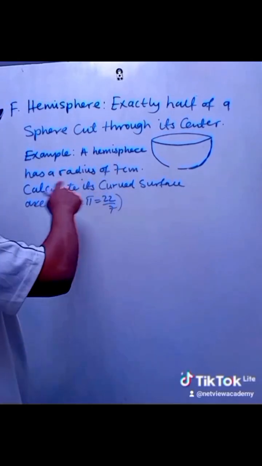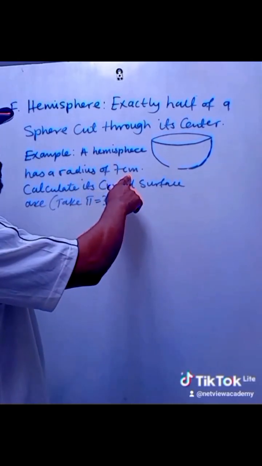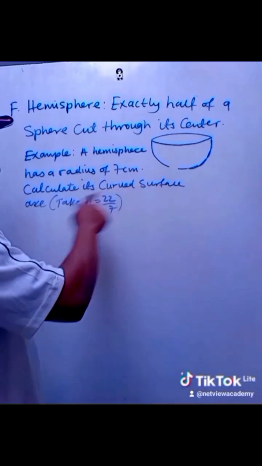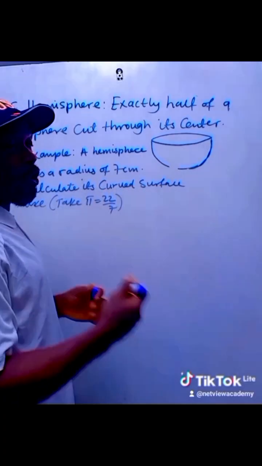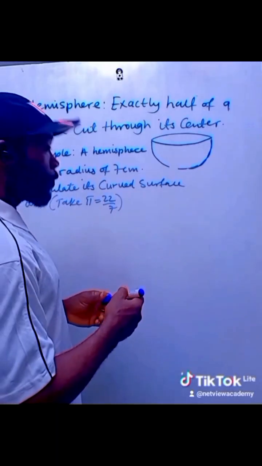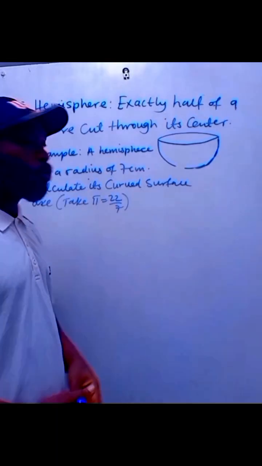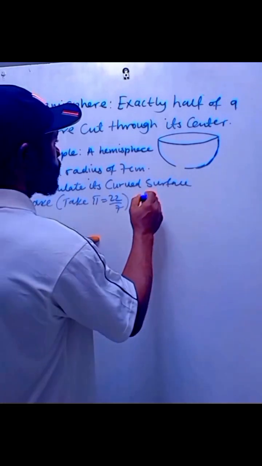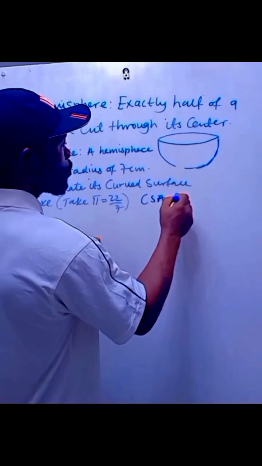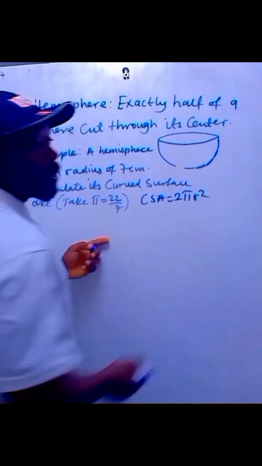A hemisphere has a radius of 7 centimeters. Calculate its curved surface area. In this question, we are going to apply the formula of the curved surface area of a hemisphere. In the question, we are asked to look for the curved surface area, which is CSA, is equal to 2 pi r squared.